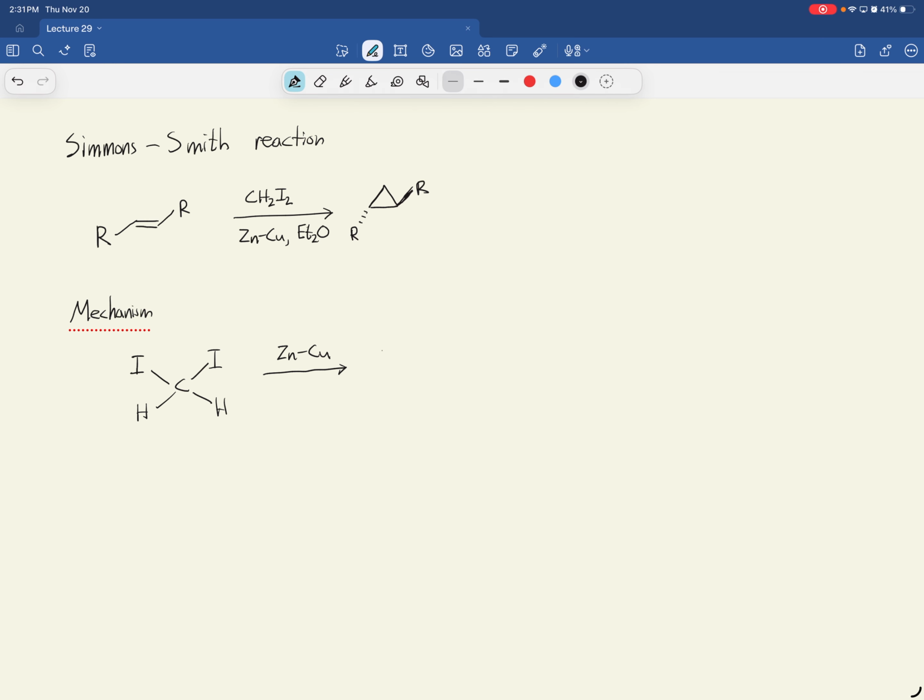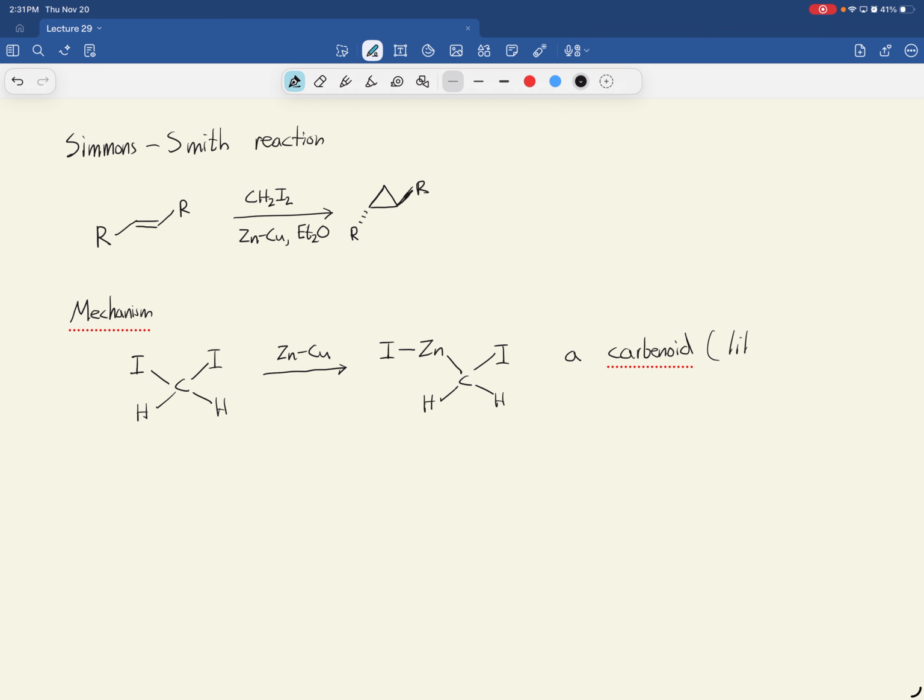But what happens here with the zinc-copper couple is insertion of only the zinc. So the copper kind of is a mediator, okay? It kind of helps the zinc insert. So zinc is also a common metal that's used in organic chemistry for these type of reactions. And then here, the other iodine stays in place. So this is called a carbenoid.